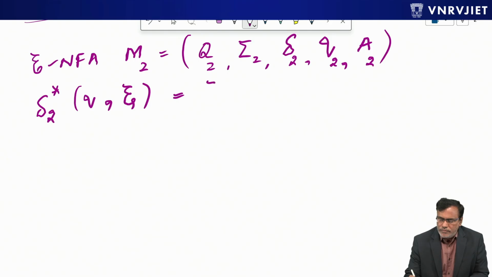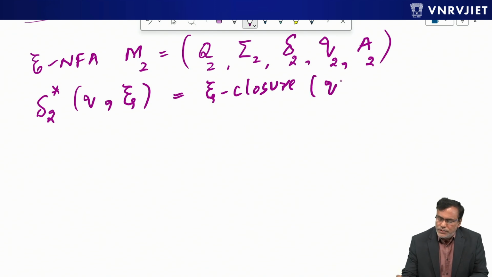Epsilon closure of q. So in case of NFA, the transition function delta 1 star of q, epsilon is q itself. Here it is not just q, it is epsilon closure of q. That is an important note we have to make.